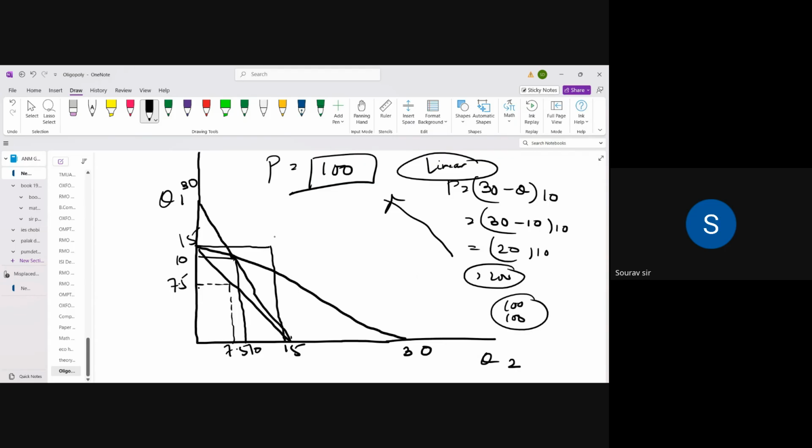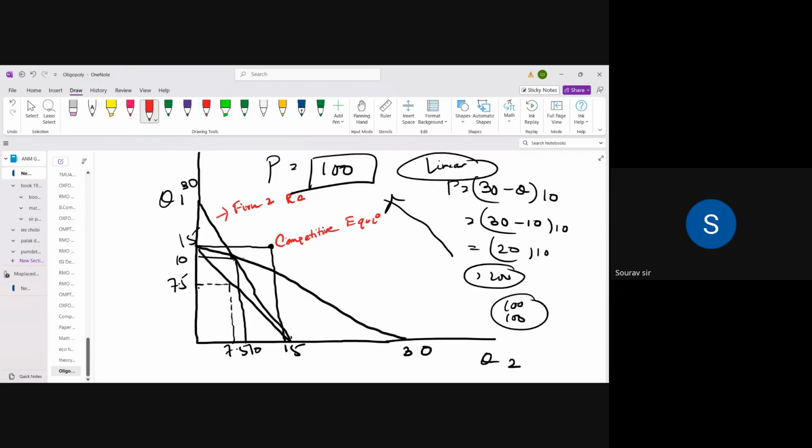First, let me draw it. Okay. So this is firm two's reaction curve. This is the competitive equilibrium.